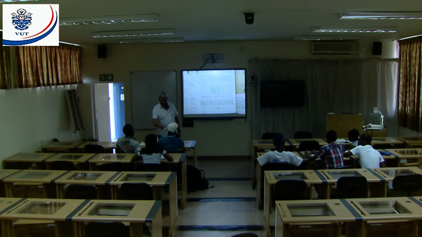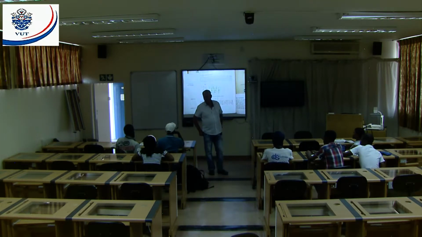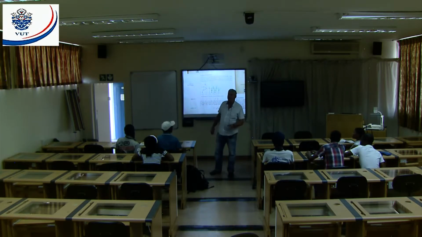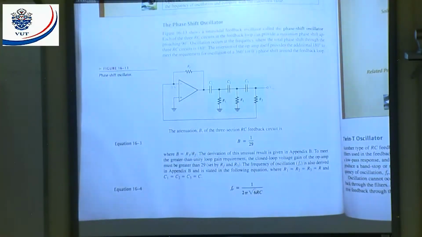All right, it says 0. I think the minimum is 0. What is the maximum? 90. All right, we can get a phase shift from 0 to 90 degrees with one RC circuit.